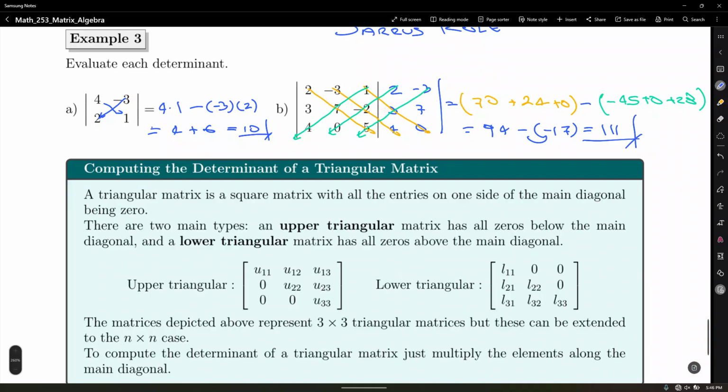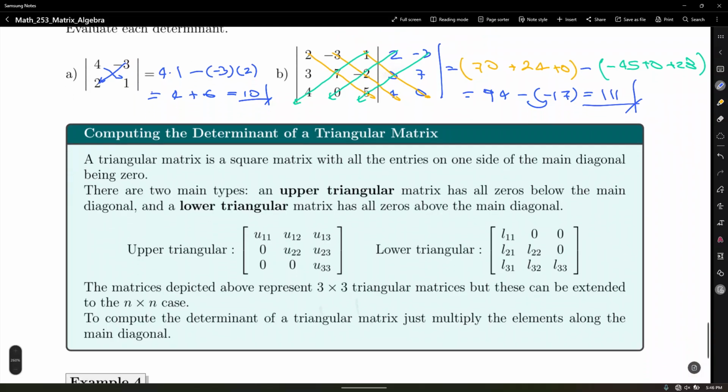There are two types: the upper triangular, which has elements along the main diagonal and entries above, but zeros below, and lower triangular, with all zeros above the main diagonal and non-zero entries below it. There could be a zero on the diagonal, or could be all zeros. That's actually a thing.